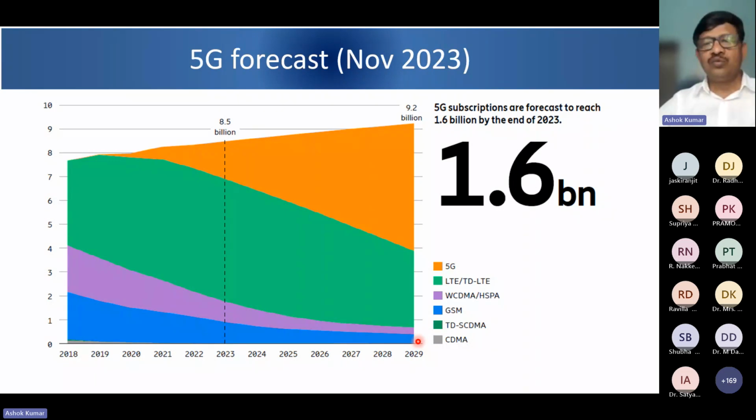So what we can conclude here is that 4G and 5G will coexist for a very, very long time. The orange one is 5G, the green one is 4G. And 2G and 3G will still be a small number across the globe.